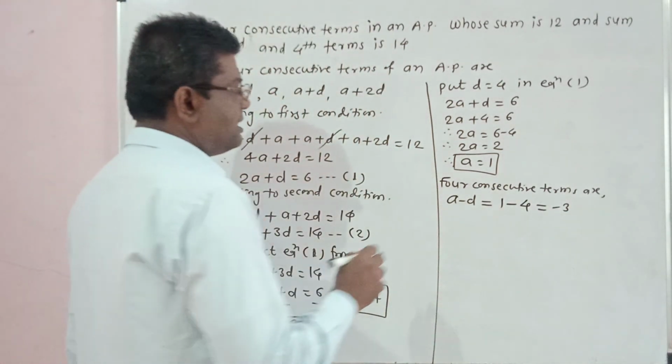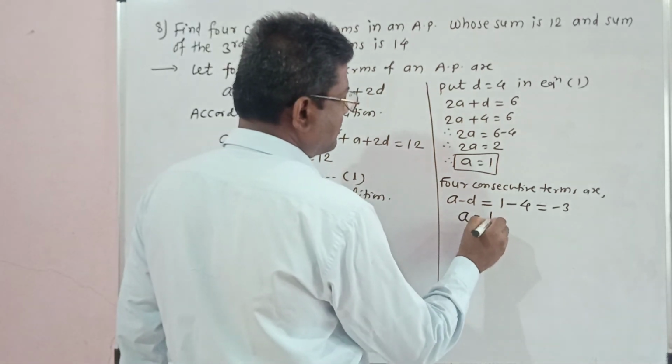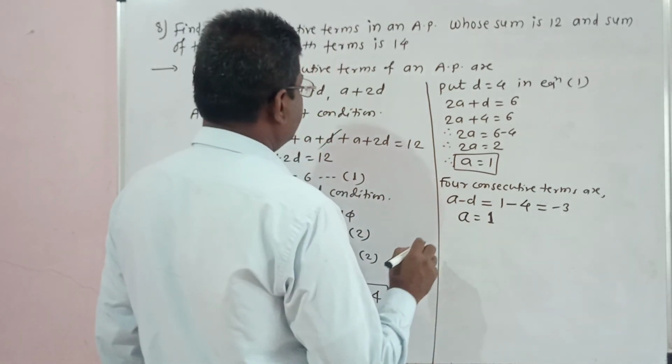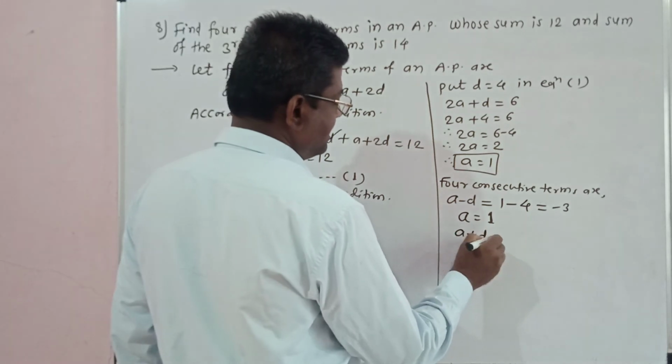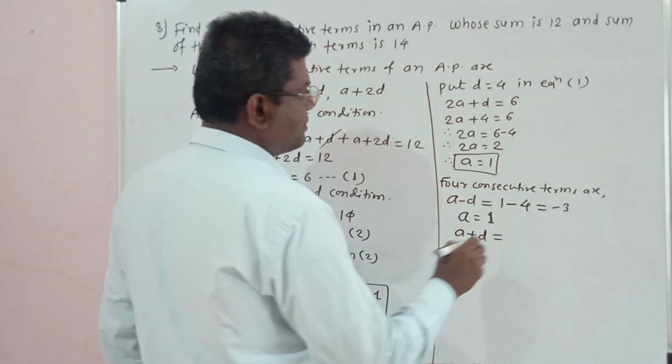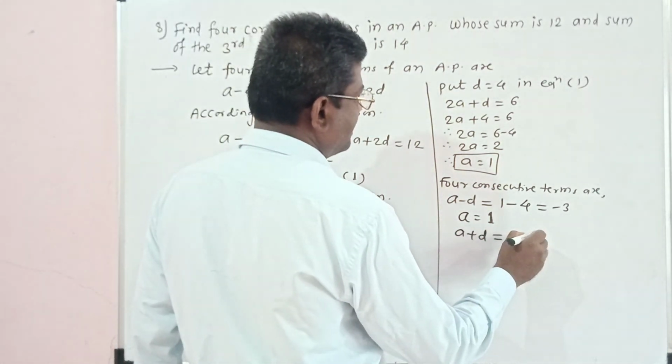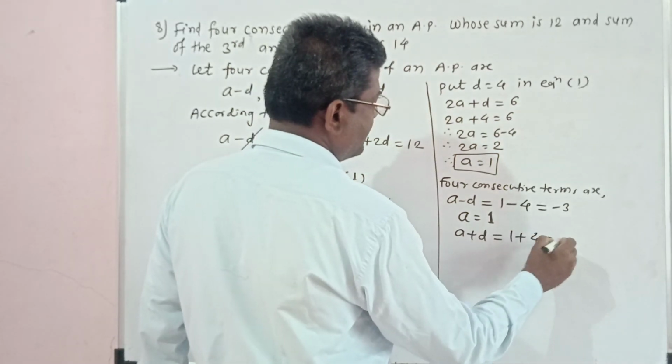Second term is A is equal to 1. Third term is A plus D is equal to 1 plus 4 is equal to 5.